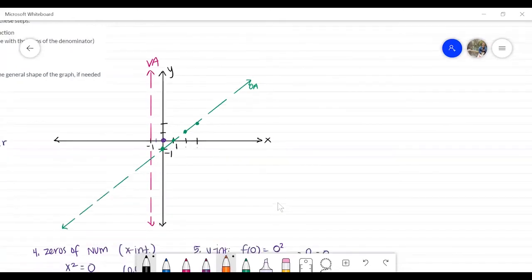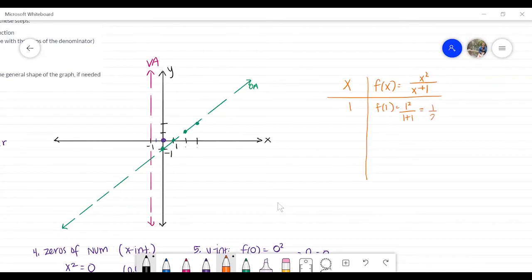Let's plot some points. So x, f of x, we've got x squared over x plus 1. I'm just going to work with some of these numbers right here. We can backtrack to some of what's over here later. There's not really an order to it. Let's plug in 1. So f of 1 is equal to 1 squared over 1 plus 1, which is 1/2.